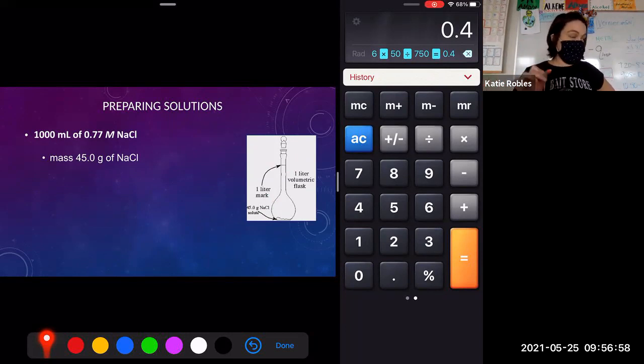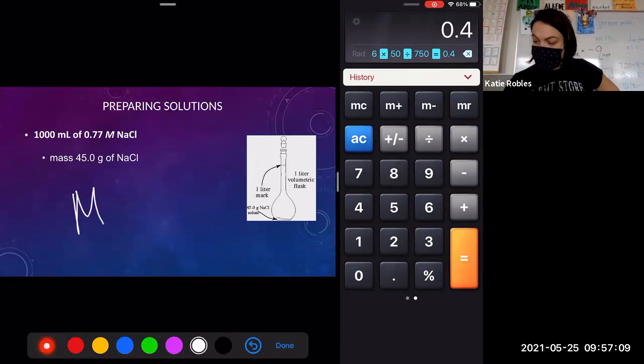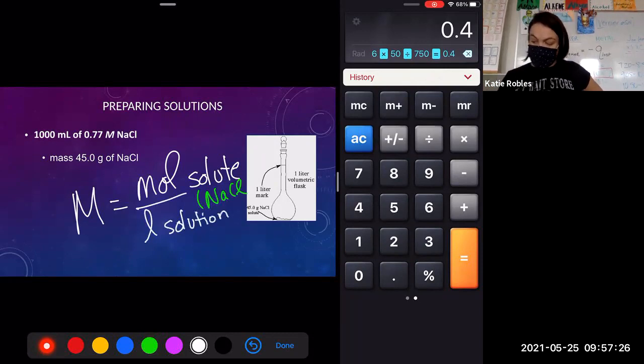Nowhere have I mentioned solvent. It's not moles of solute over liters of solvent. Molarity, capital M, is moles of solute, in this case the NaCl, over liters of solution, not liters of solvent.